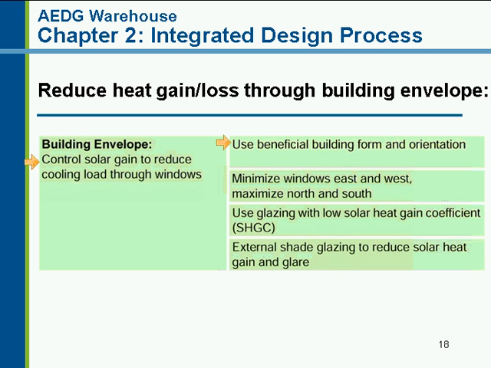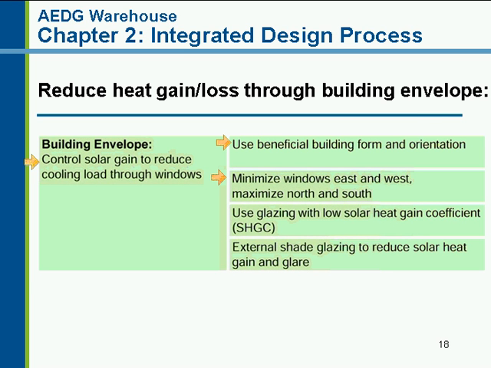Preferably, you'd have the long axis going east-west. And that would mean that you would have a minimum number of windows, surface area and windows on the east side and on the west side. When you do that, it means that you have more windows on the north and the south side, and you want to maximize those relative to what's on the east and the west.